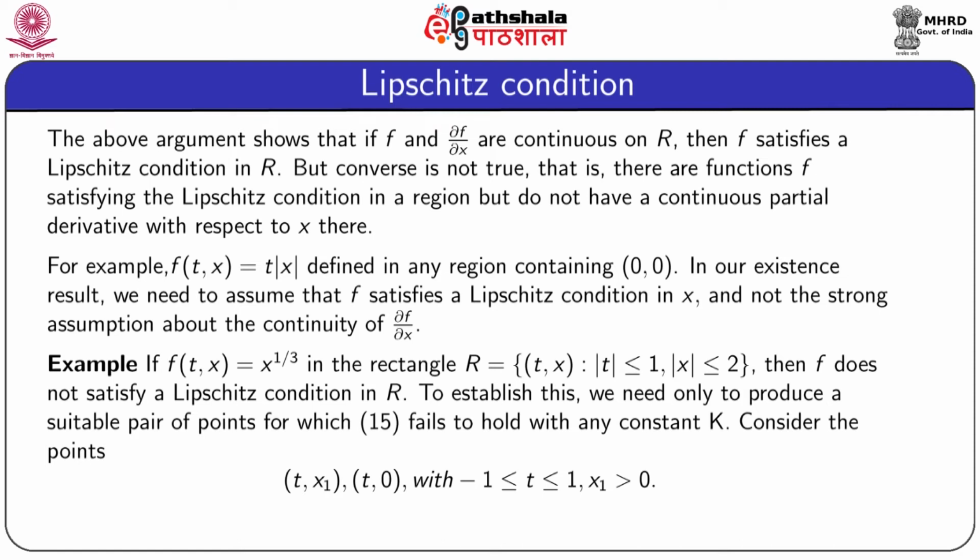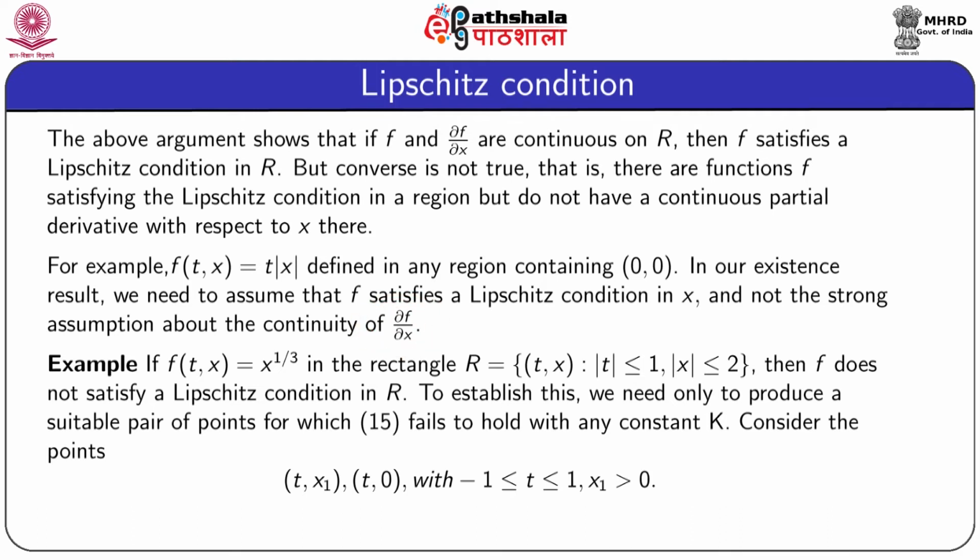For example, if we take f equal to t|x| defined in any region containing (0, 0). In our existence result, we need to assume f satisfies a Lipschitz condition in x and not the strong assumption about the continuity of ∂f/∂x.